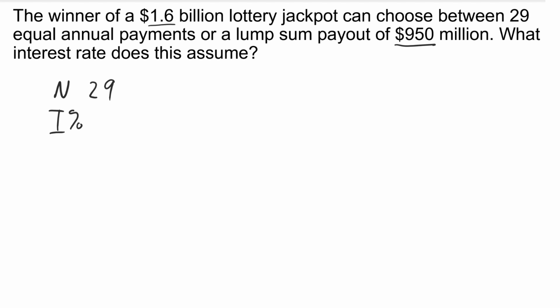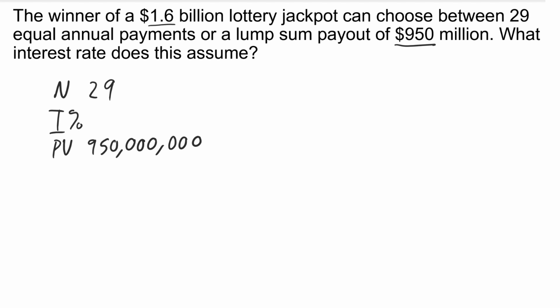The present value is how much that series of payments, the sum of that series of payments, is worth right now. And so what that series of payments is worth right now is $950 million. So that is the present value of $1.6 billion split up over 29 payments.